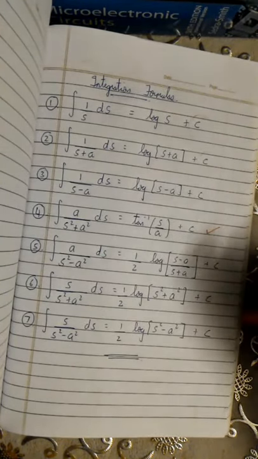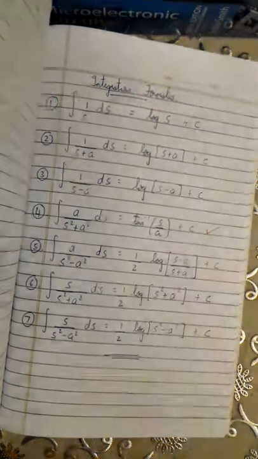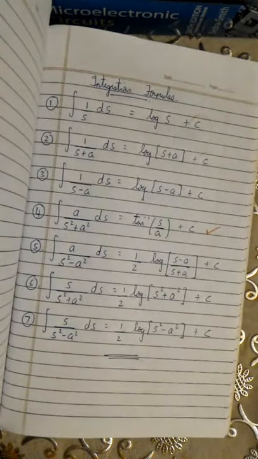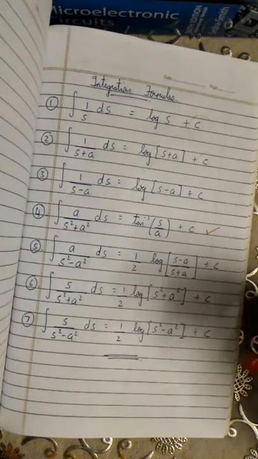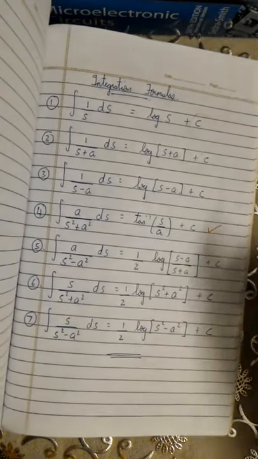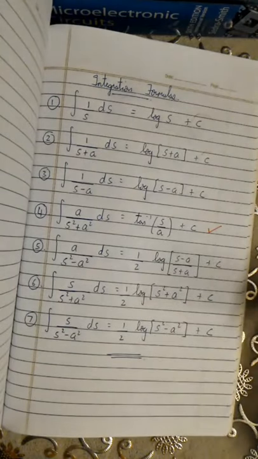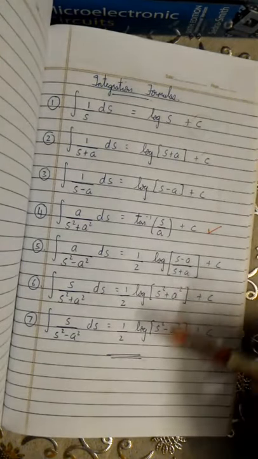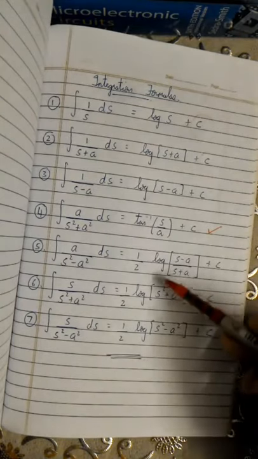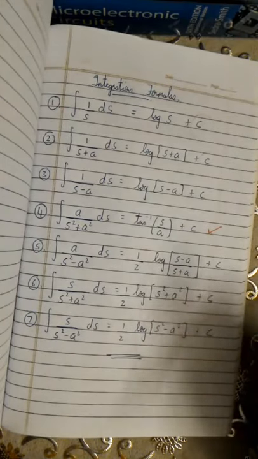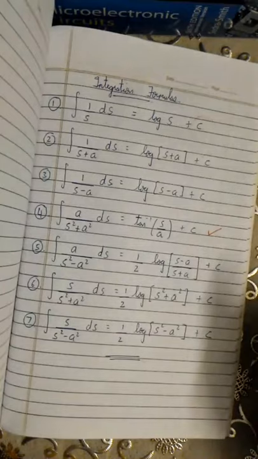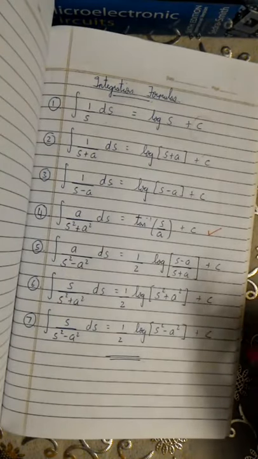There's a simple technique to remember these formulas, but when you are doing this, you have to be real fast, because there are no step marks for finding the integration. This is not a maths class, so they will not give you any step marks for finding the integration. So when you derive these formulas, you have to do it very fast without wasting any time.